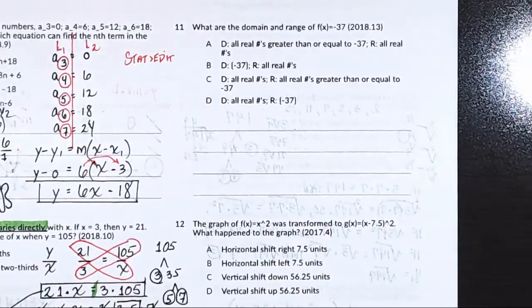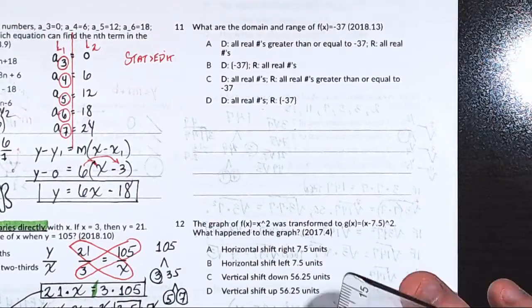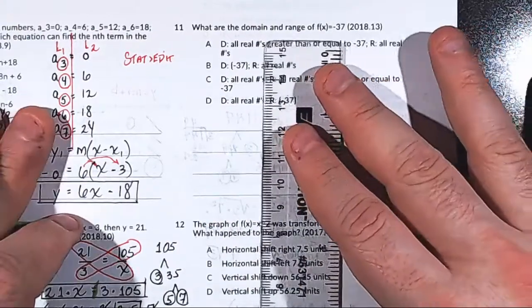Number 11. What are the domain and range of f of x equals negative 37? Well, it helps again to sketch a graph.